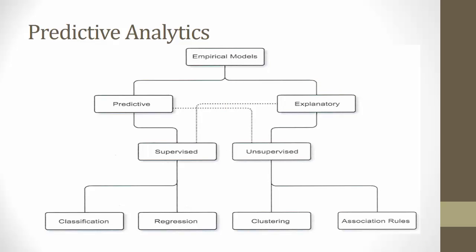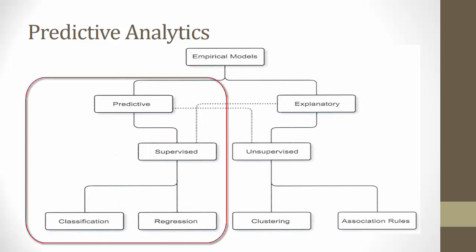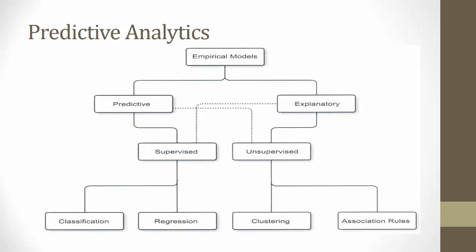From now on, we are going to focus on predictive analytics, most of which are supervised methods of data mining. The difference between unsupervised methods and supervised methods is that supervised methods have a target variable, or a label variable, that you want to predict. So it's not all about describing data.